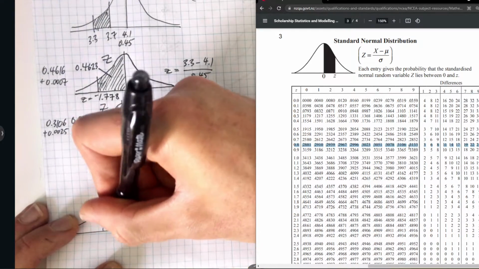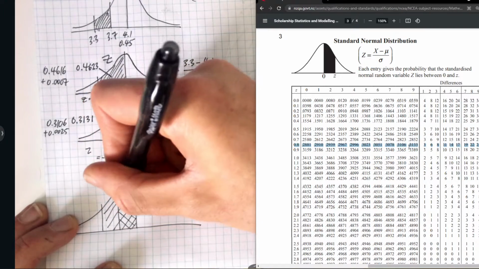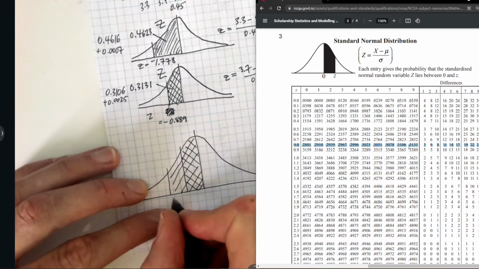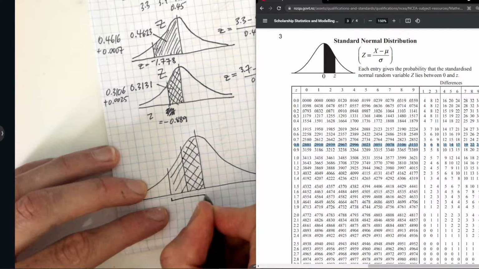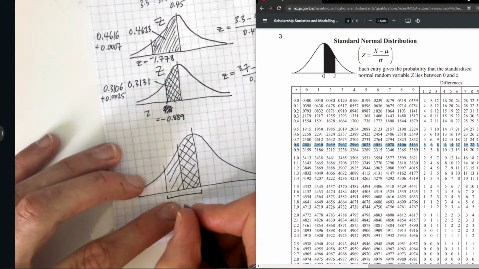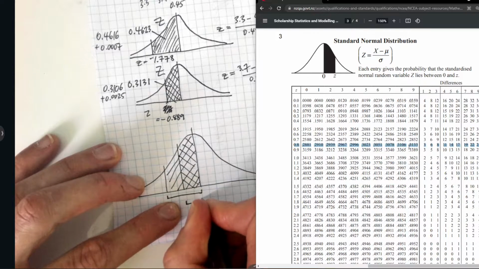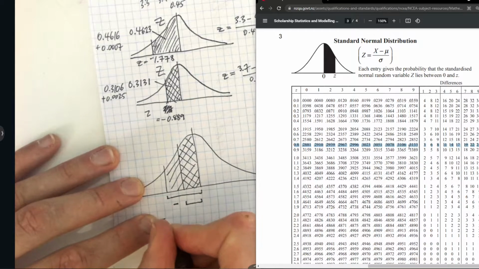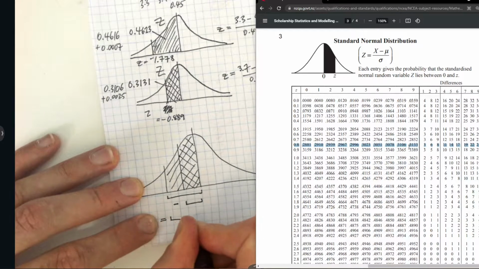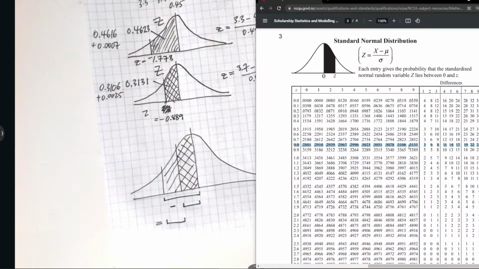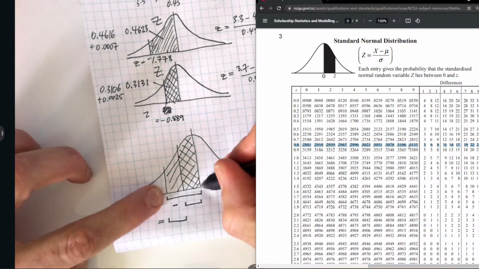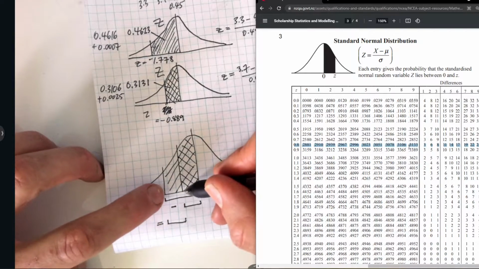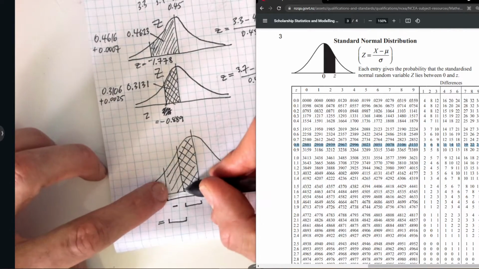If I minus off this area here, it's going to give me the leftover. So if we're getting this area and we minus this area, it's going to equal this area. You guys see that logic? If we have the total area from here to here and we minus off from here to here, we're only going to be left with here to here.